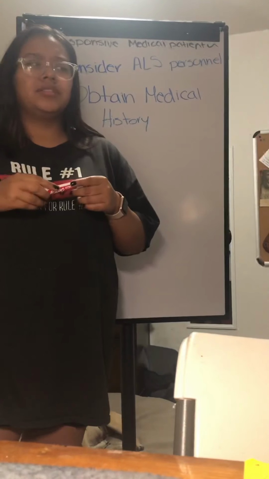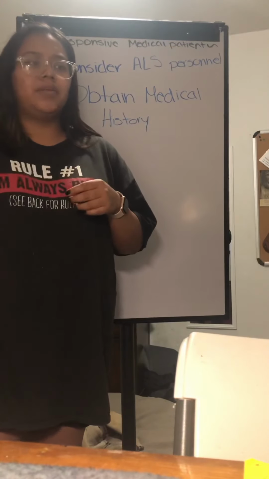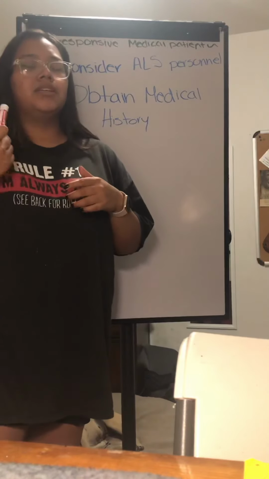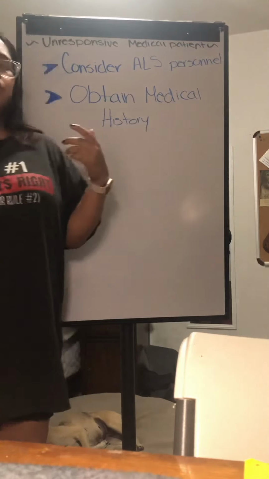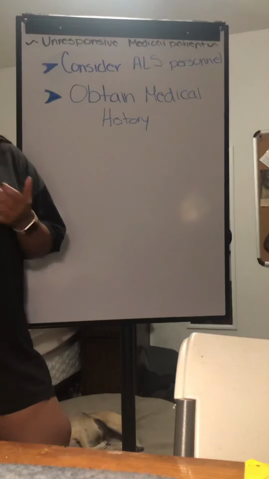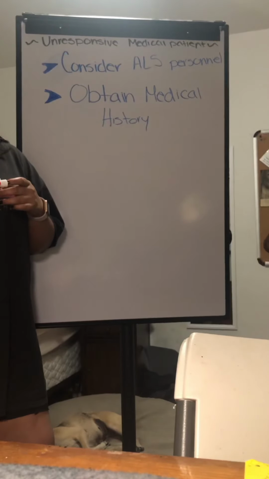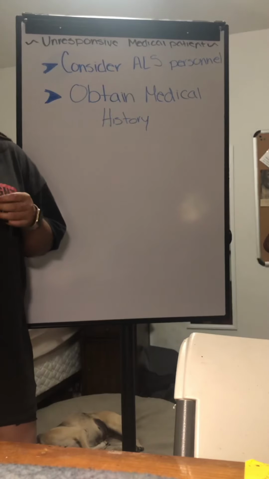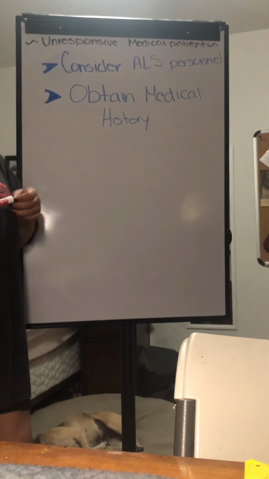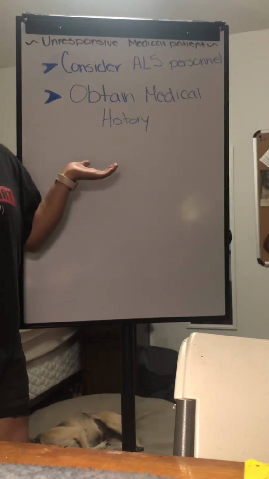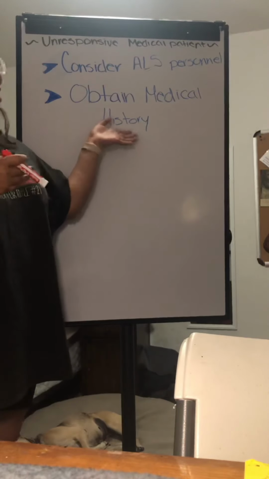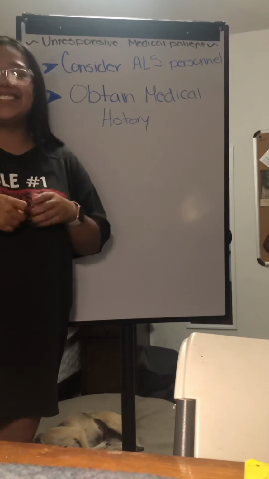It's really high up there. It's one of the main things that causes a person to be unresponsive. Also, if they have diabetes. So that was obtaining the medical history.